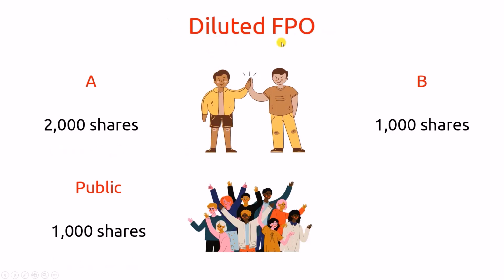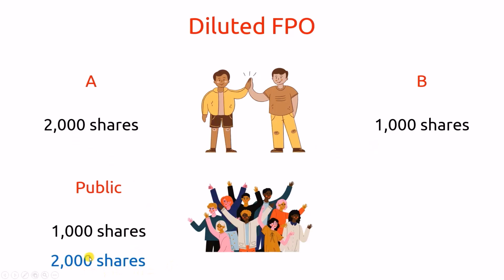Okay, diluted FPO. So here promoter A has 2000, B has 1000 and public has 1000 shares. So promoters in this case will not be selling their shares, but the company will create new shares and offer it to the public. So let us say the company creates 1000 new shares and offers it to the public. So the public buys it. So now the public has 2000 shares, promoters have 2000 plus 1000 shares.